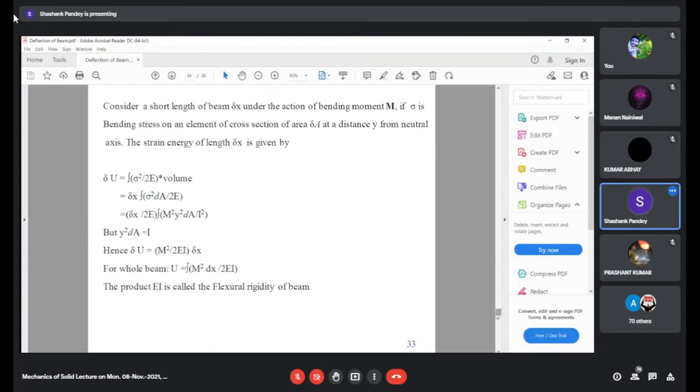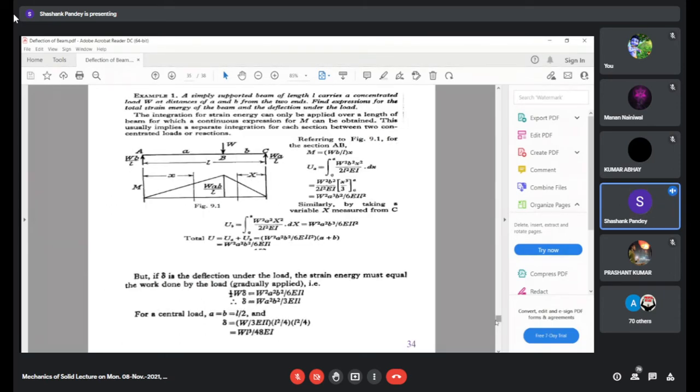E and I are known to us. EI is called the flexural rigidity of the beam. We all know this. This formula for the strain energy, integral of M square dx upon 2EI, is what we will use to solve one numerical problem.